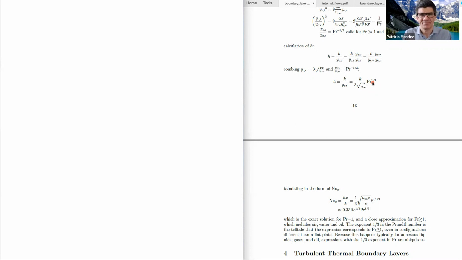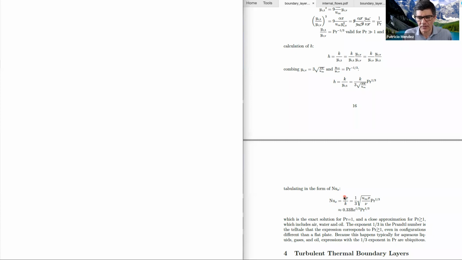We also saw that the convection coefficient is tabulated in the form of Nusselt, depending on Reynolds and Prandtl. And we are going to see this type of expression all over this unit, this week, next week, and the week after, in which we say Nusselt, that is hx over k.